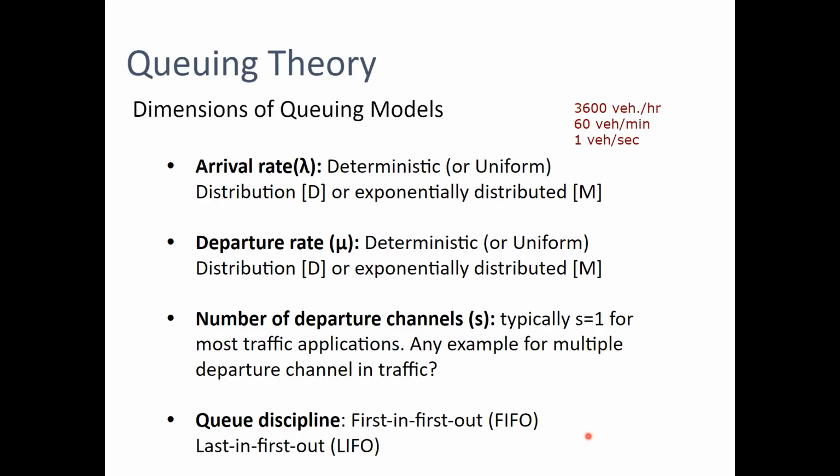Queuing theory typically will assume that you are at a node and you are analyzing the queues at that node. Actually, this will come back for us when we talk more about the relationship between queuing theory and the shockwave model. We'll come back to this exact point, as to how queuing theory talks about queues at one location, and then shockwave can actually give you the spatial extent of the queue.